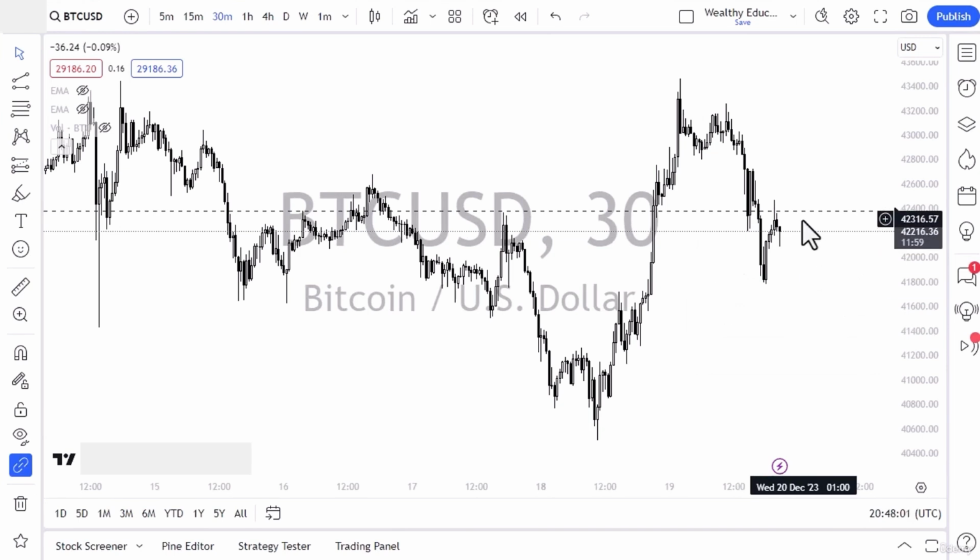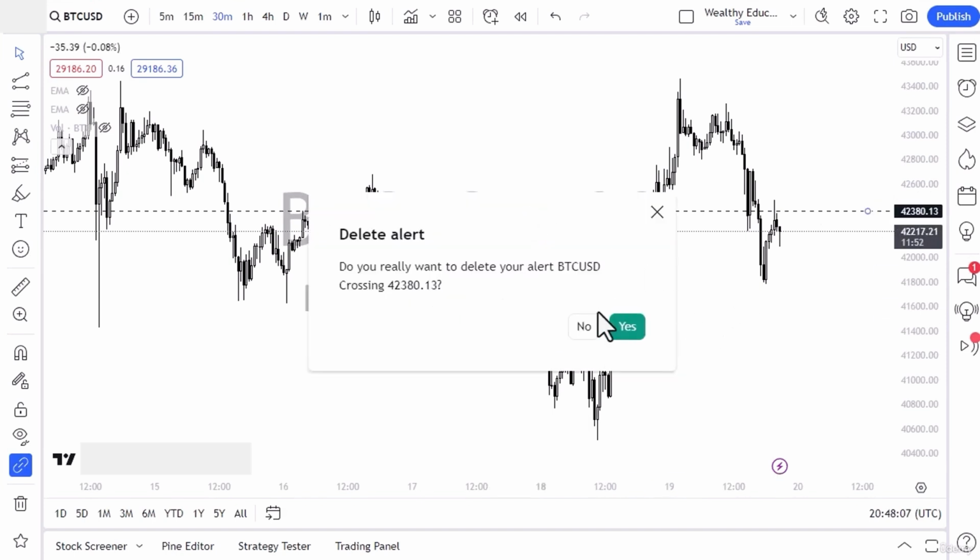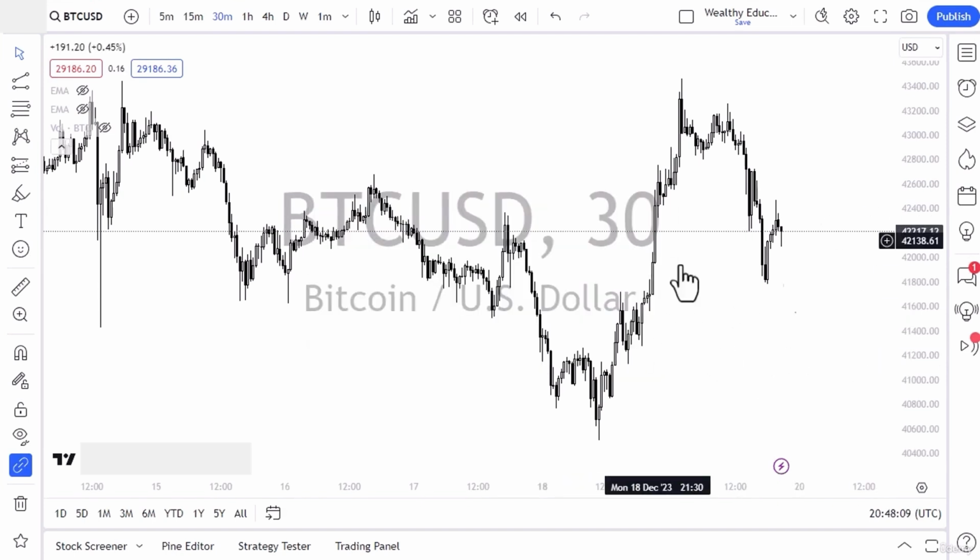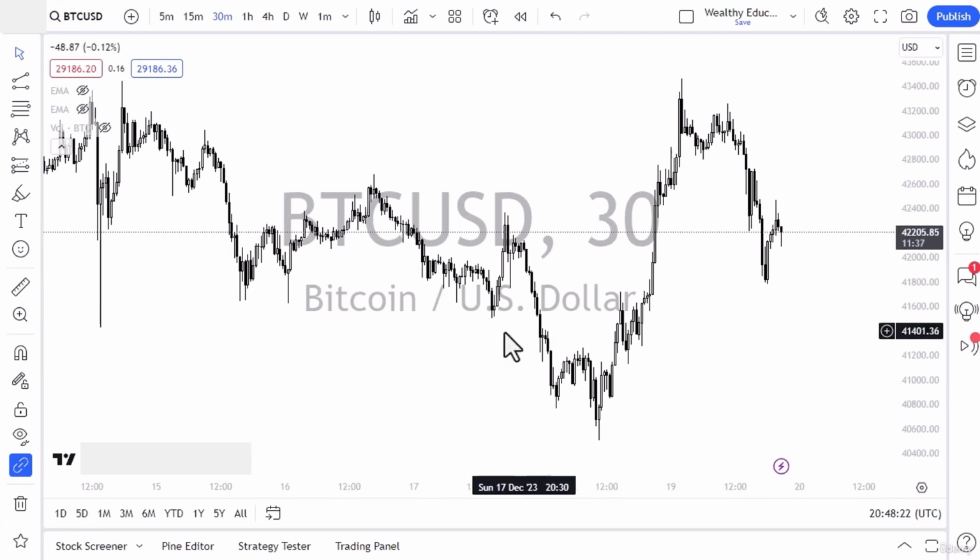It'll take a second and then it'll pop up. I can hover over that and X out of it. Do I want to delete it? Yes. And it'll just create a little dinging sound. There are some other sounds that you can go into it with, but really it's a personal preference thing. So this is a very robust platform.